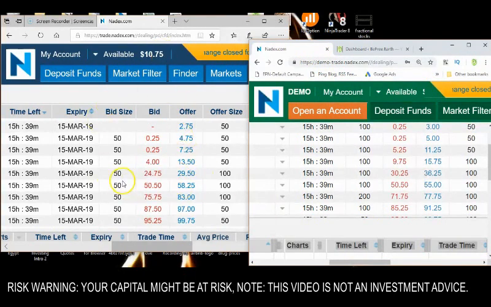Now I've blown up my account before, and I know it's a lot harder to trade with less money than it is to trade with more money, because I have done well on my demo account compared to my live account. And I've used the leverage of having more funds, even if they're virtual funds, in my demo account than in my live account to make up for the difference.